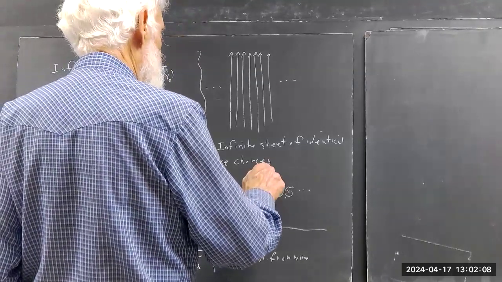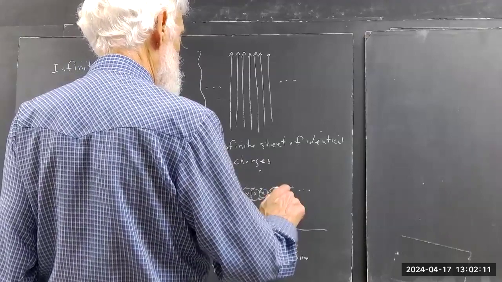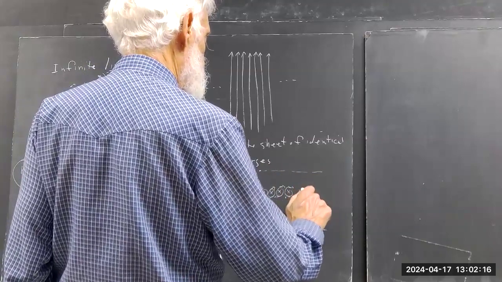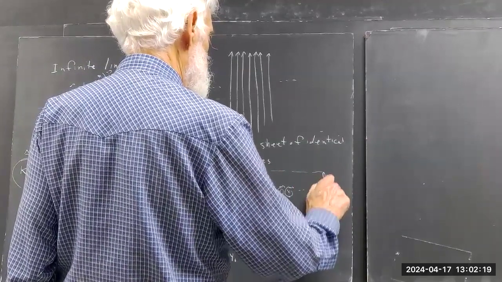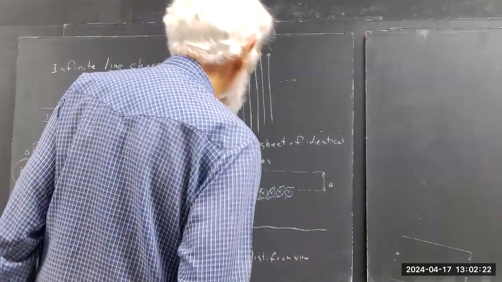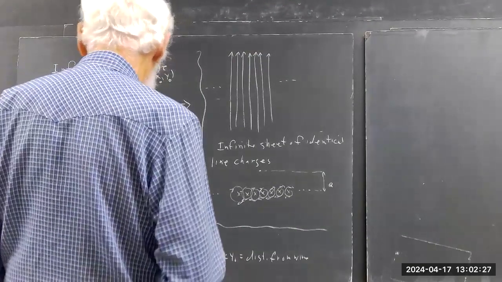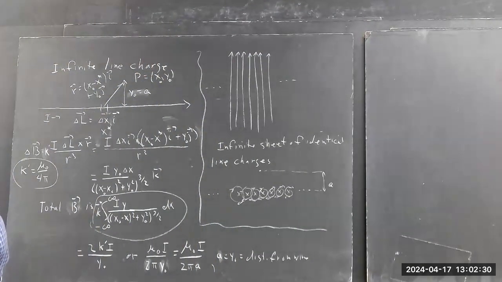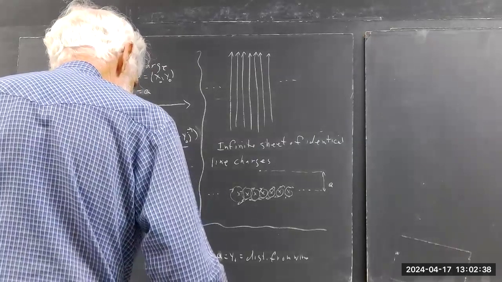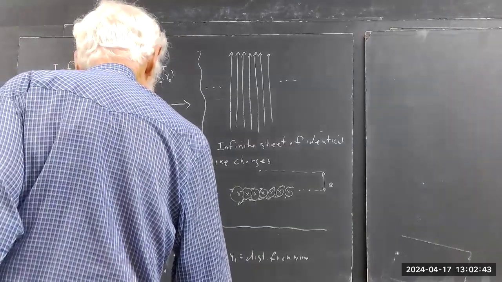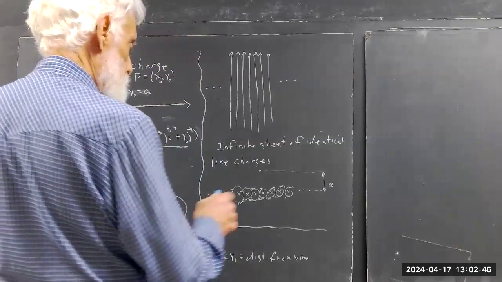Now, if we go to distance A above the line, so that this distance is A, let's look at the field.